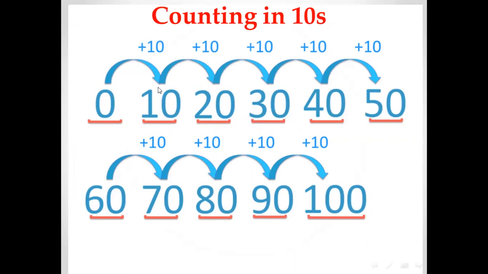Good job. Let's see here. I have here 10. And if I need to know what comes after 10 when I'm counting by tens, I will add 10 to this number or skip 9 numbers.